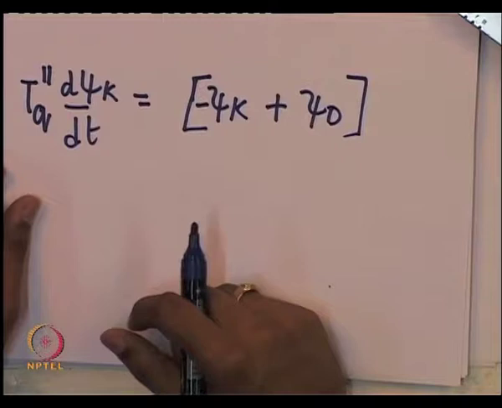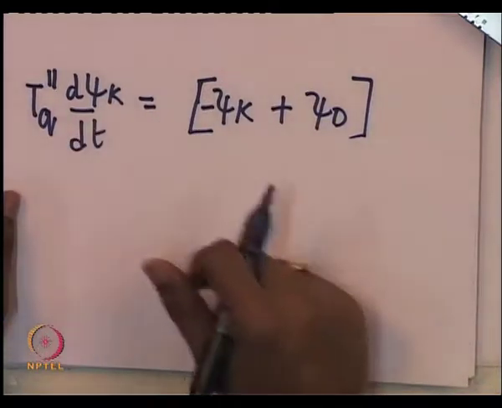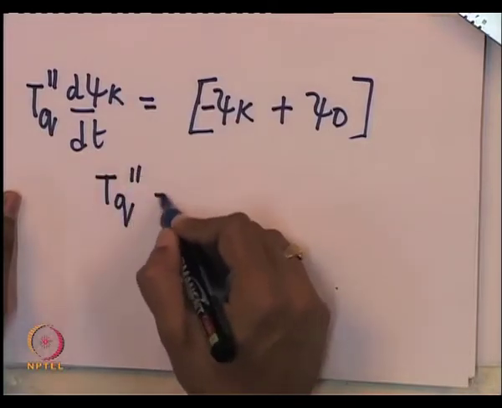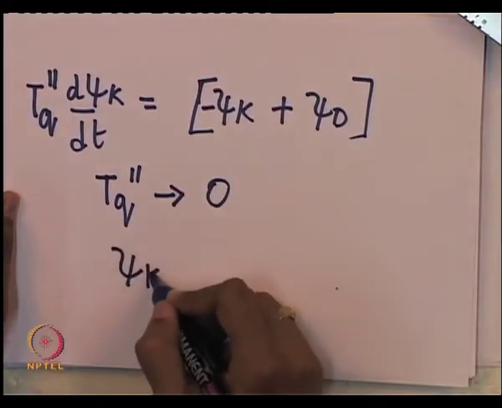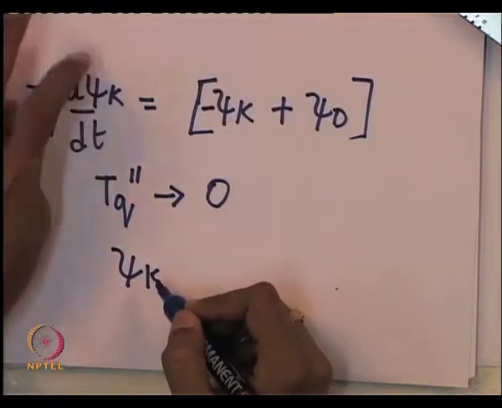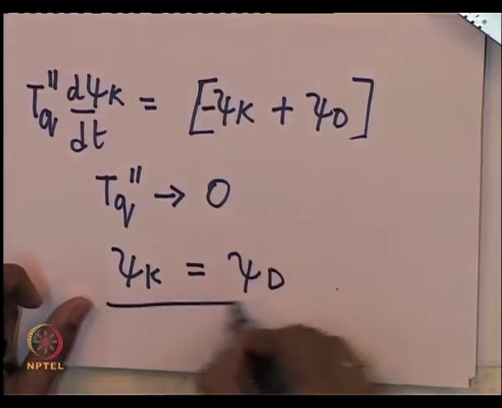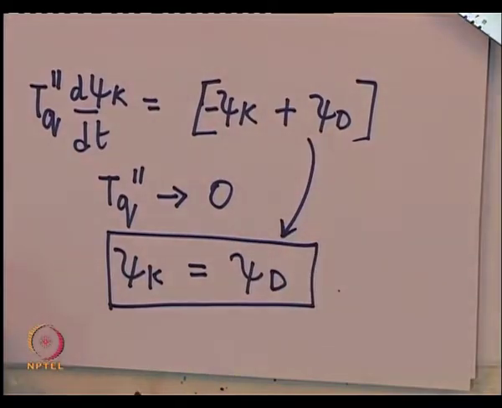This is the equation of the flux of this particular winding, and if T q double dash tends to 0, you can roughly say that this term becomes 0, and as a result psi k becomes equal to psi d. So, from this you get this.